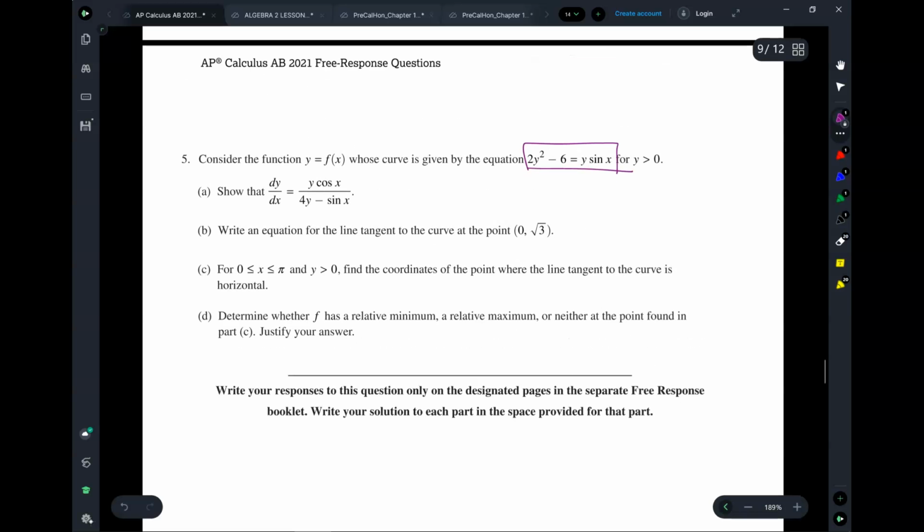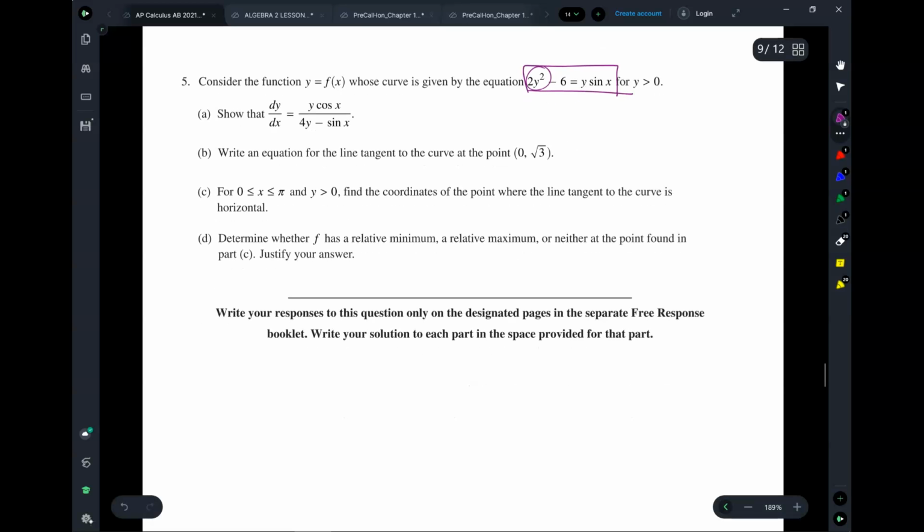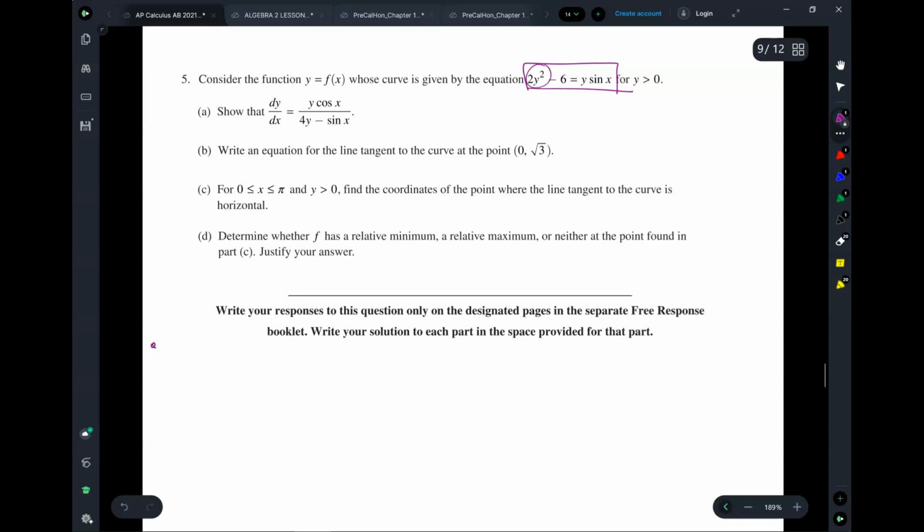So by implicit differentiation, if you take a derivative of that first term, it would be 4y dy dx, chain rule, right? So you bring the 2 down, 4y times the derivative of the y, okay?